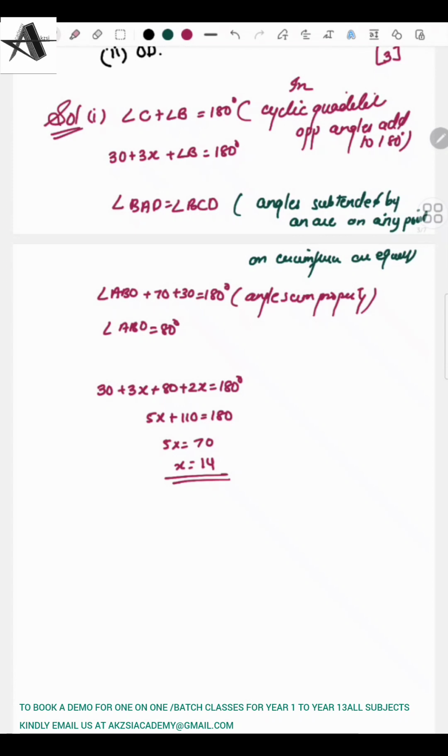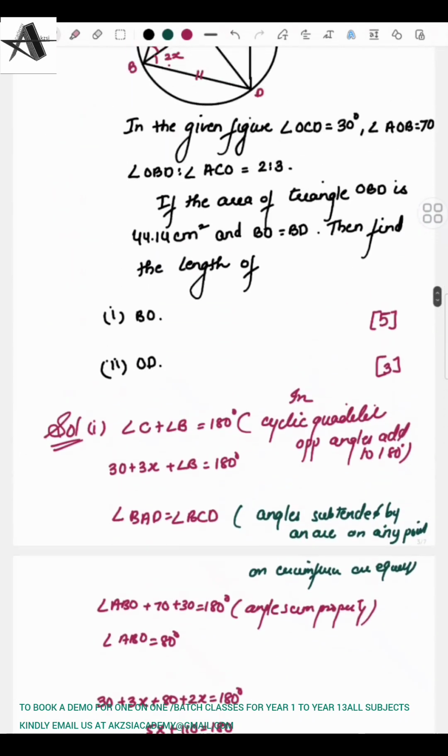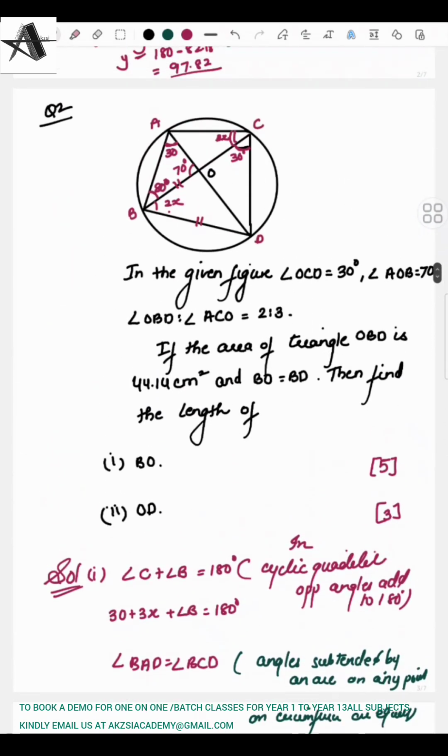If x is 14, then angle 3x will be 14 times 3 and angle 2x will be 14 times 2. So one angle will be 28, another angle will be 42. So now I know this angle is 28 and this angle is 42.